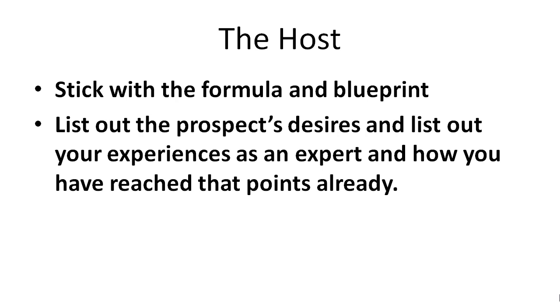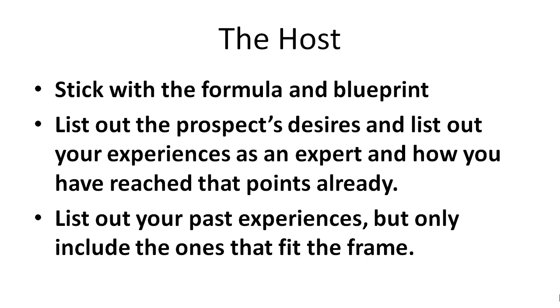So you're being congruent. What I want you to do now is just list out your prospect's desires, which you should have already done, and the objections. And then possibly on a piece of paper, on the left-hand side, the desires. On the right-hand side, list out your experiences as an expert or as somebody who has used the product or service as living proof, and how you have reached those points already.